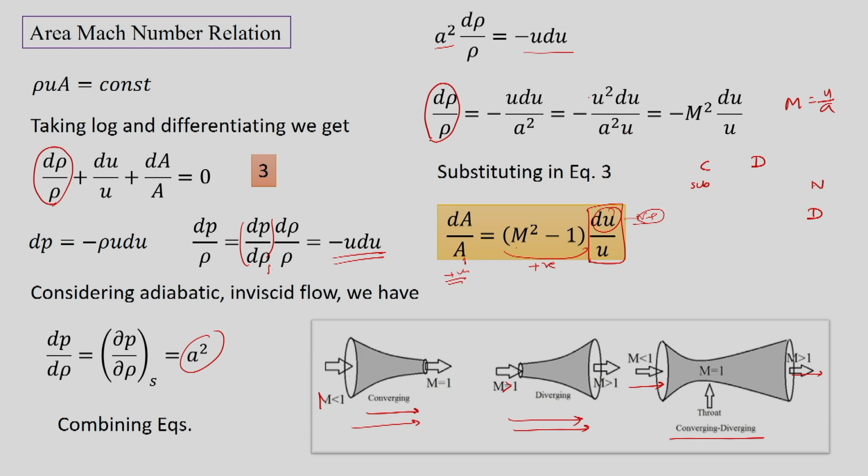In subsonic flow the converging section acts as a nozzle, but in the case of supersonic flow the converging section acts as a diffuser. Similarly, supersonic flow acts as a nozzle when we have a diverging section.